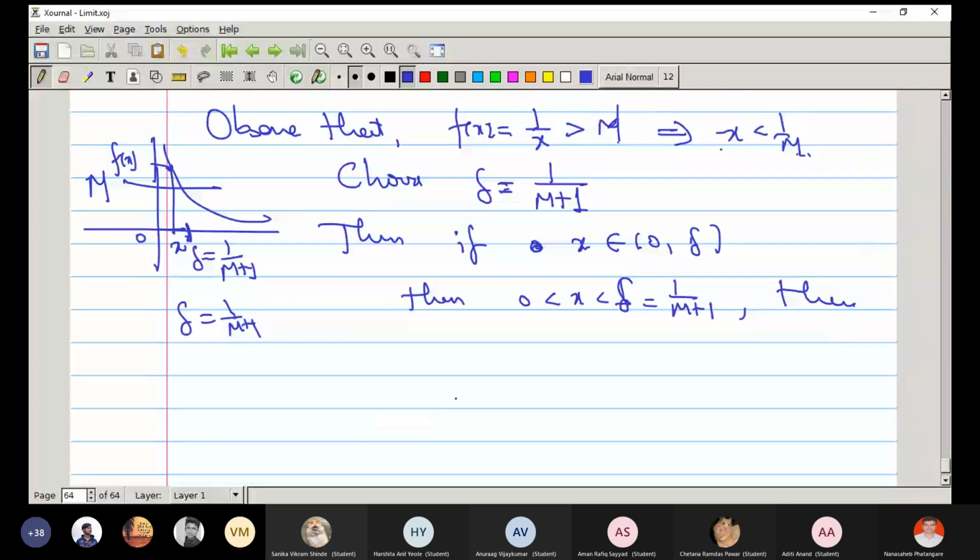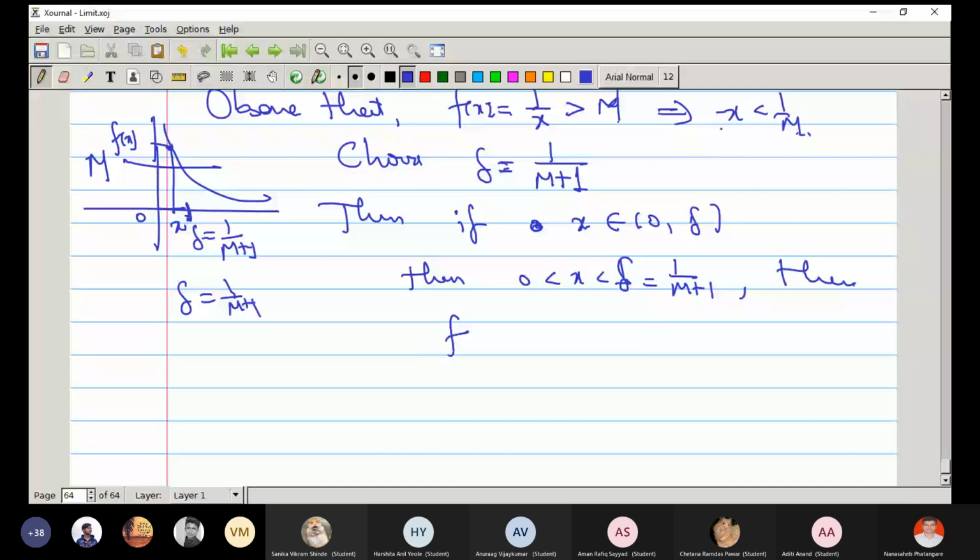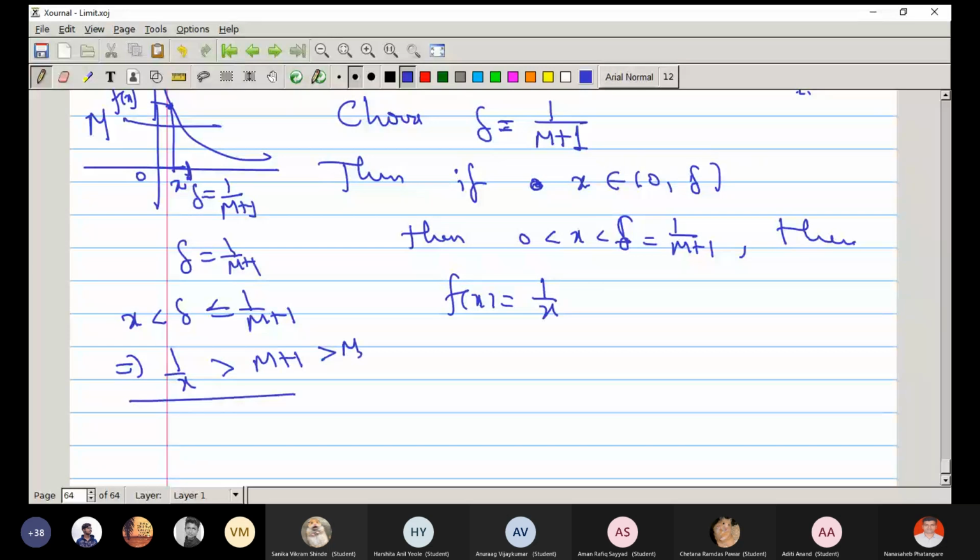Then what is f of x? f of x is 1 by x. Therefore 1 upon x is greater than M plus 1, and M plus 1 is greater than M. So can I say that 1 by x is greater than M?